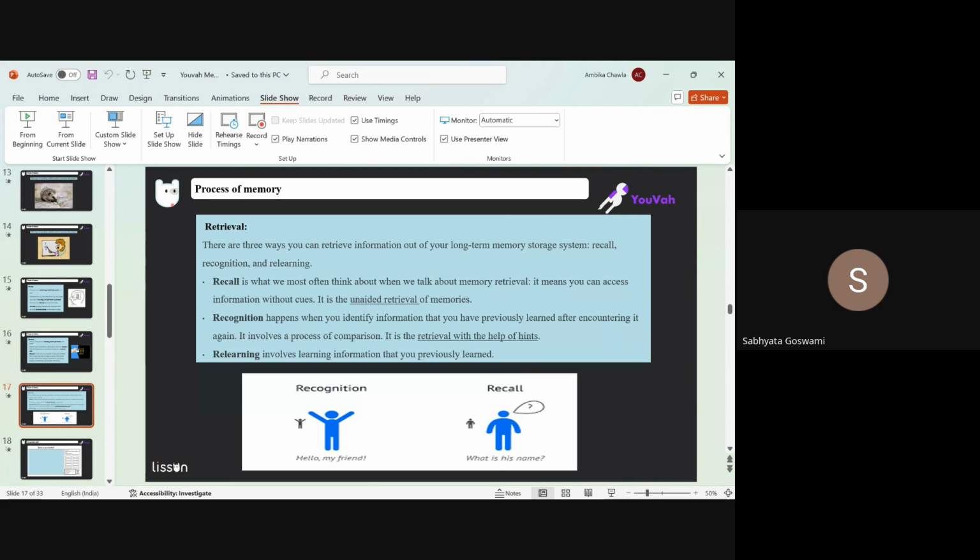So these three processes, subtypes, are the major ways of retrieving information.